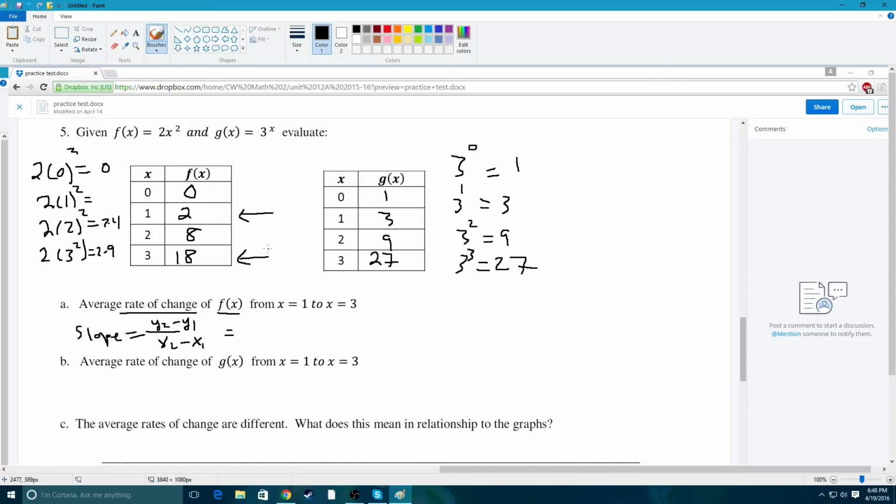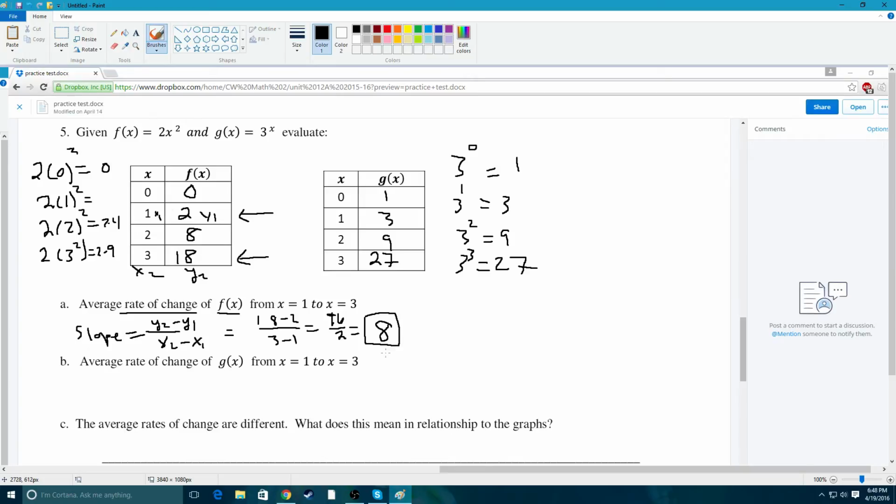I'm going to say this would be my x2, y2. I'll call this one my x1, y1. So 18 minus 2 over 3 minus 1 is 16 over 2 for a rate of change of 8.